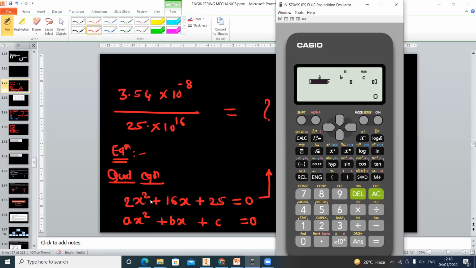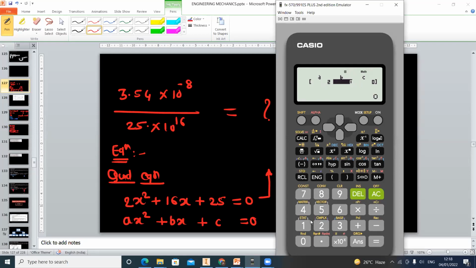By comparing this equation with our equation, a is 2. So press 2, then equal to. Once you press equal to, the coefficient will get entered in that equation.